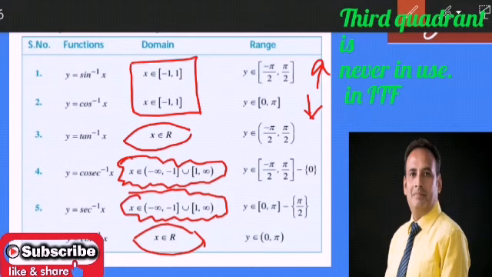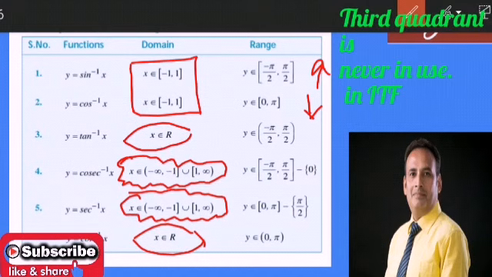So as it is a decreasing function, for x = 1, y = 0, and for x = -1, y = pi. So the domain of cos inverse x lies between -1 to +1, and its range is 0 to pi.